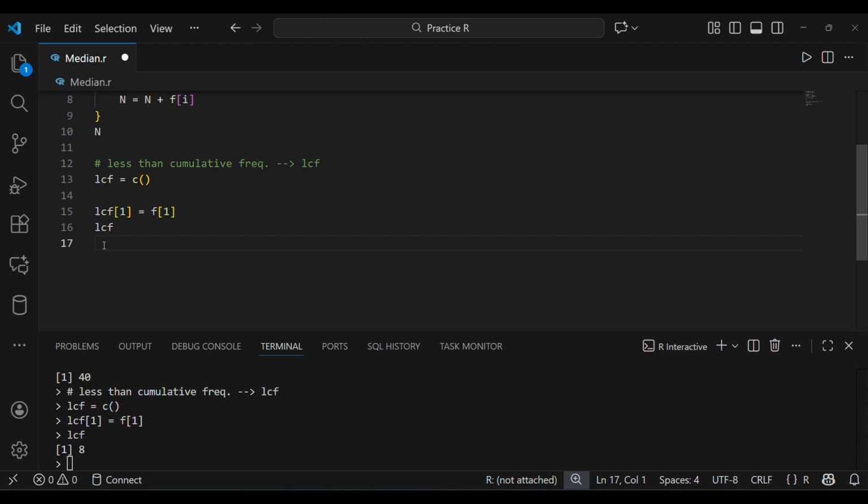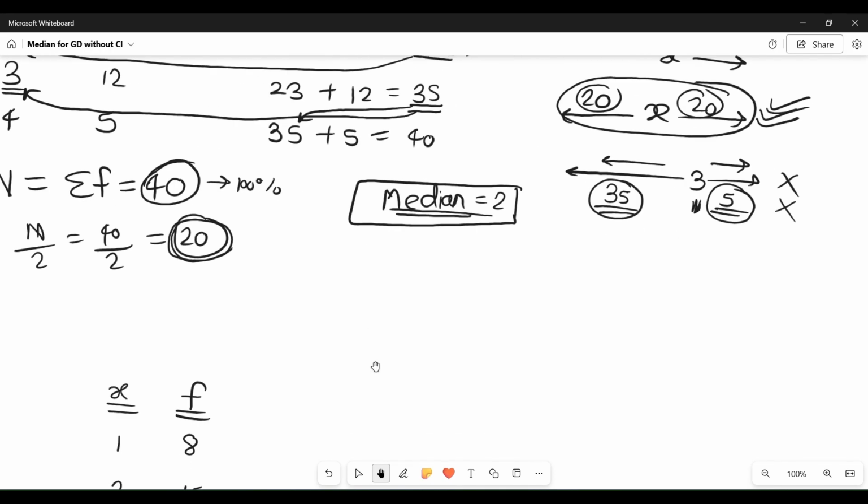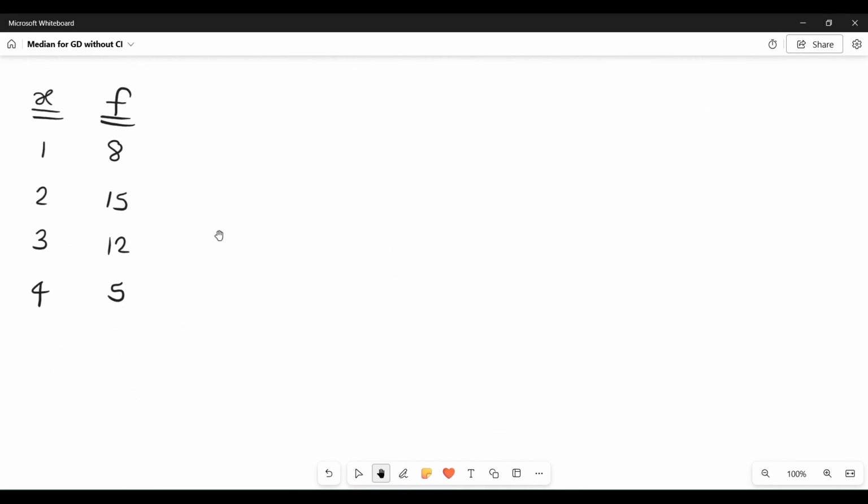So we will update this LCF through a for loop. So this is our dataset and LCF. LCF of 1 is f of 1, this we have seen right now. So at this point of time LCF is storing 8.